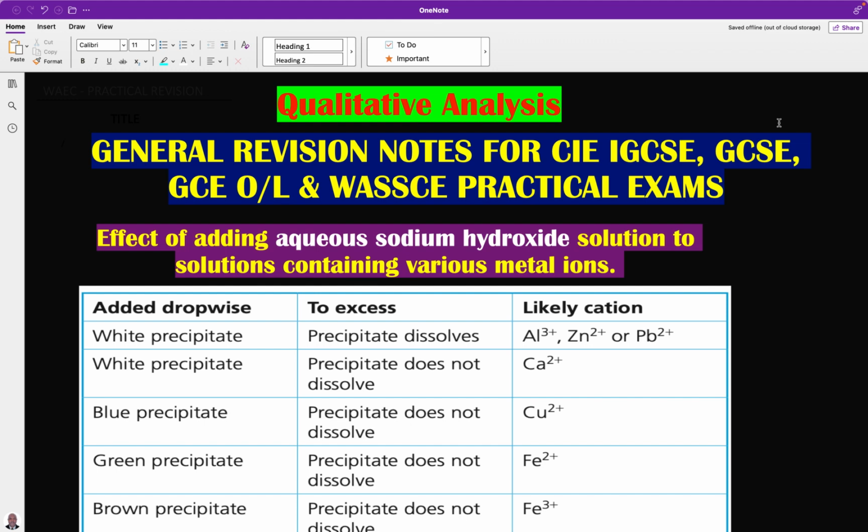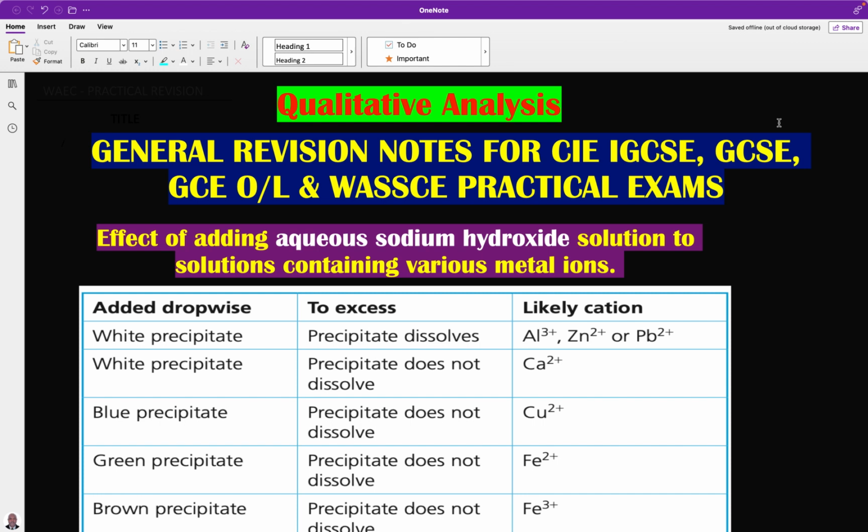Qualitative analysis, a general revision for the CIE IGCSE, GCSE, GCE O levels, and West African Senior School Certificate Examination practical exams. The first section of this qualitative analysis would be studying the effect of adding aqueous sodium hydroxide solution to solutions containing various metal ions.